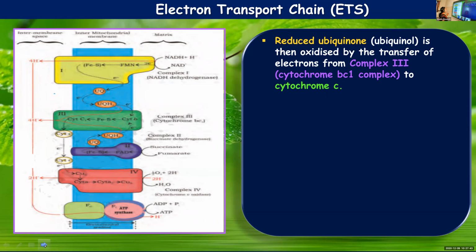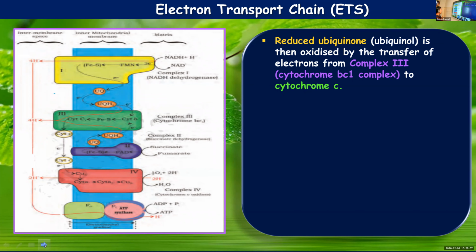So from ubiquinol, the electrons will be transferred to where? To complex 3, the cytochrome BC1 complex, which is known as complex 3.